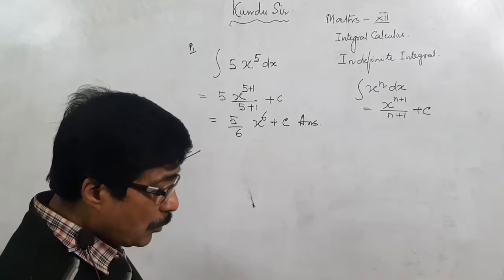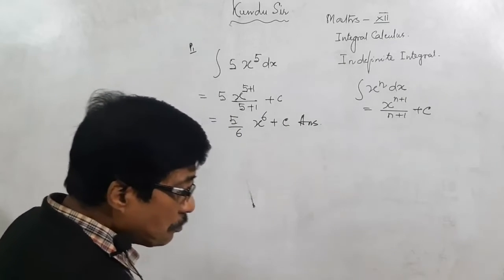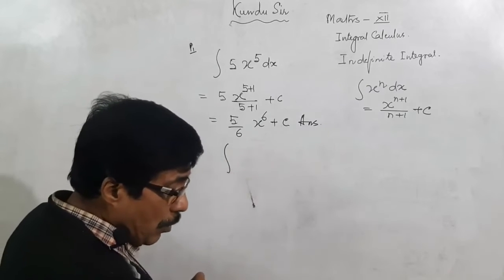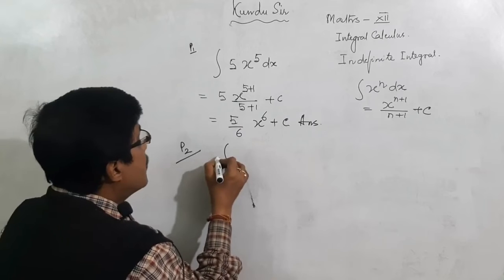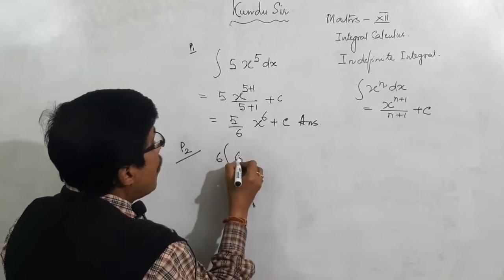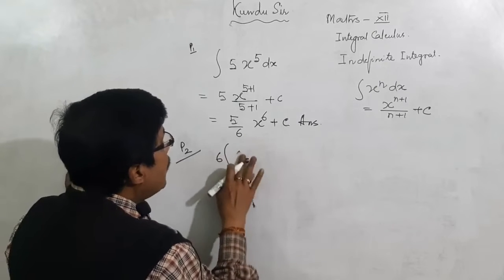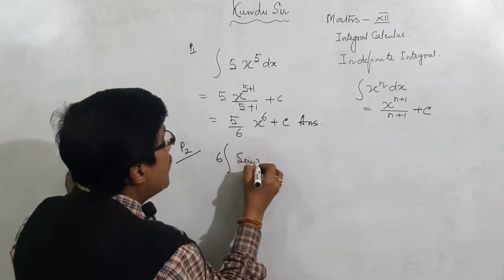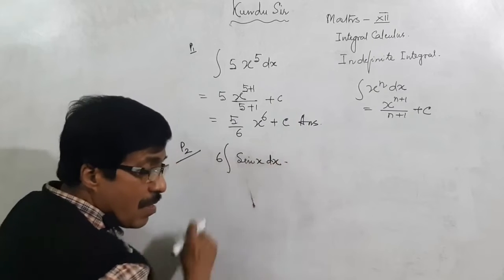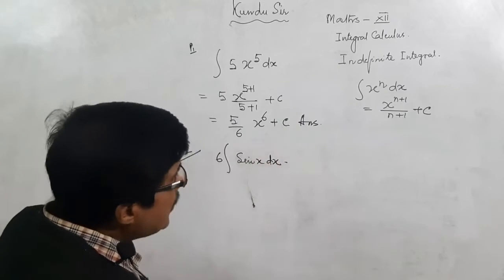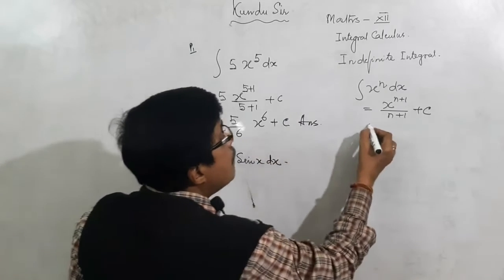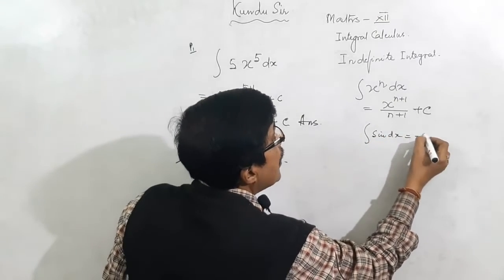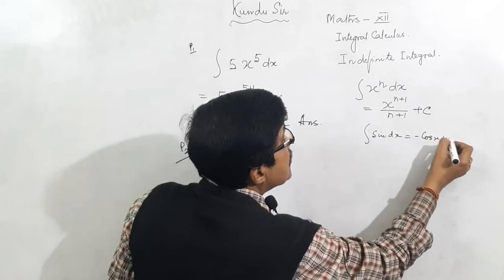Now we are coming to problem number 2. Problem number 2 is the integral of 6 sin x dx. The result of sin x we know: the integral of sin x dx equals minus cos x plus c.